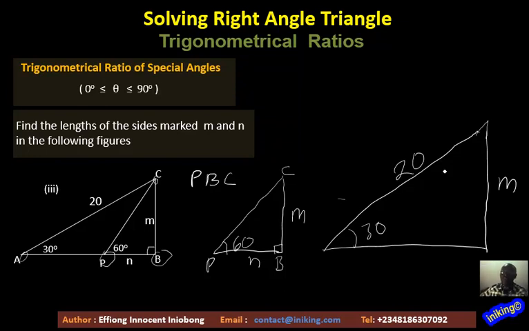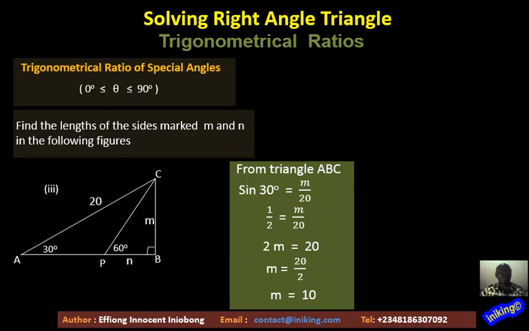We can quickly use SOH CAH TOA towards triangle ABC to obtain the length of this side labeled M. But once we have M, we can bring it here, and then we can now do what? Use triangle PBC to find the value of N. Let's look at how that is done.